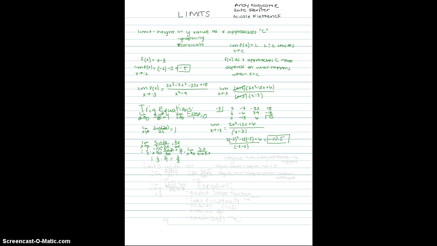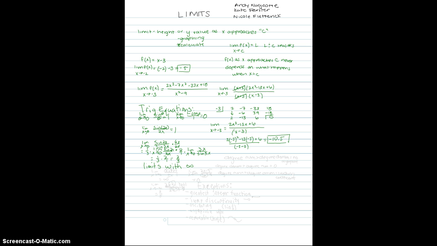So for limits that have infinity, you have to look at the equation. If the equation has an exponent in the top that is greater than any in the bottom, it goes to infinity.